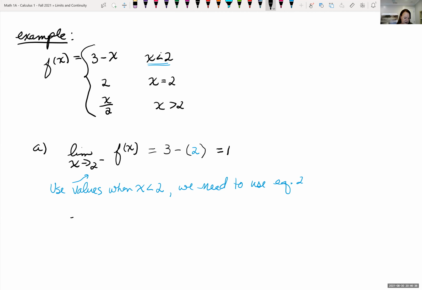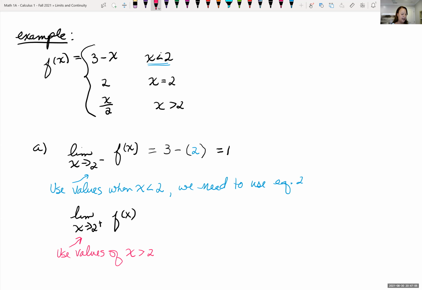If it tells me, though, I'm looking at the limit as x is approaching 2 on the right of f of x. Well, if I'm coming in from 2 on the right-hand side, that's telling me my x values are going to be greater than 2. So we're going to use values of x greater than 2.